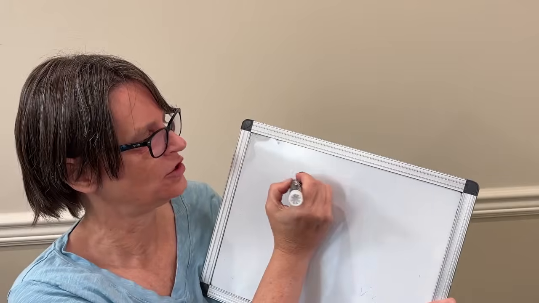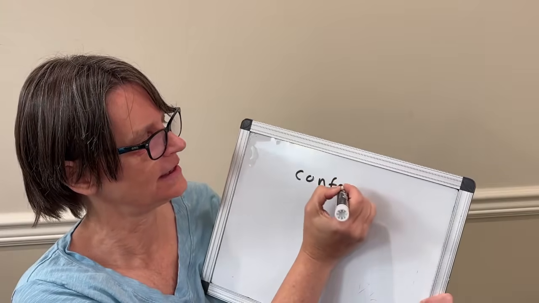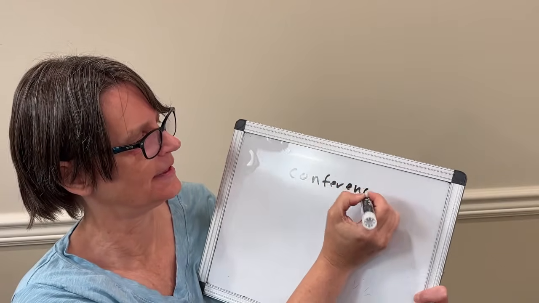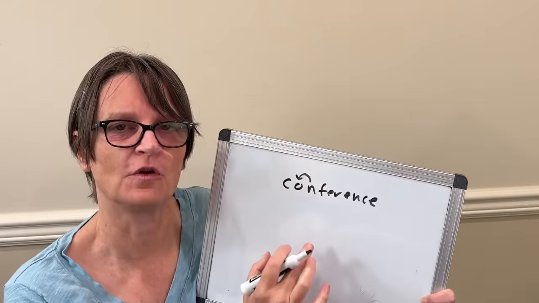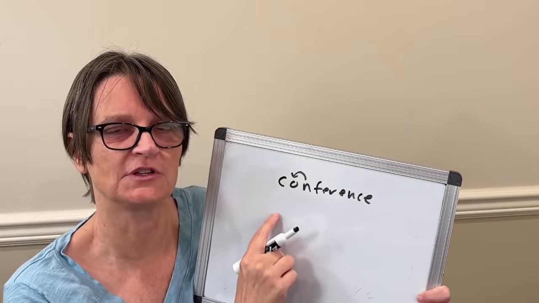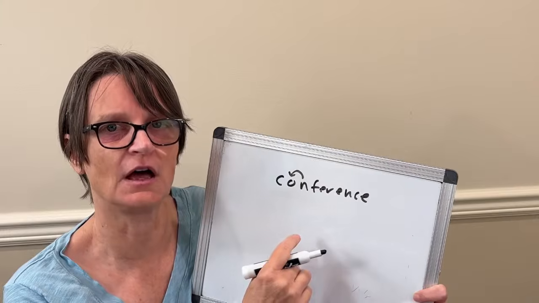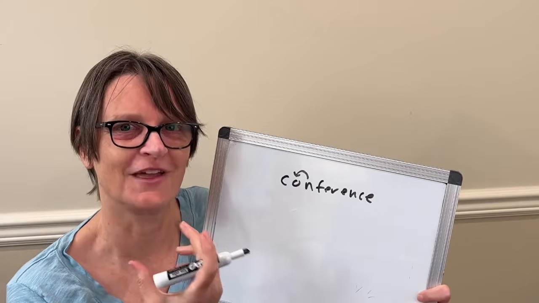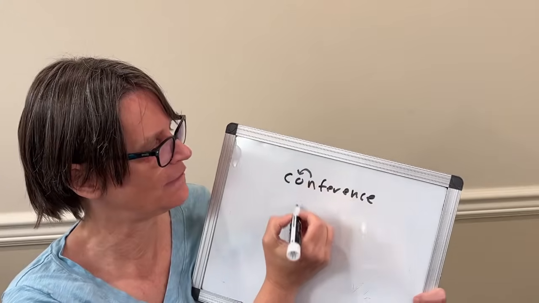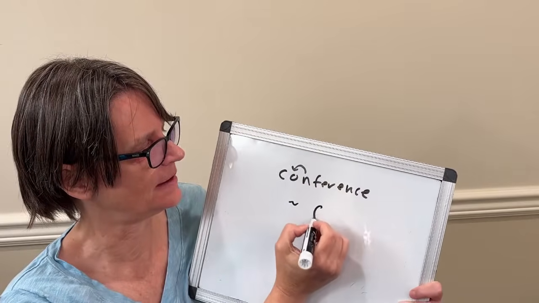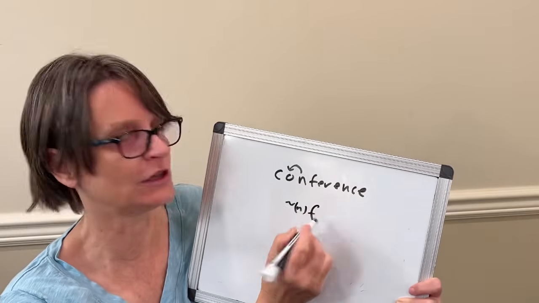What you want, and what you're probably doing correctly, is that a lot of times the N is going to make the vowel before it a little bit nasal. So I'm not really doing a strong "conference." I might say it more like "conference," where my vowel is very nasal, and then my N may or may not close there.